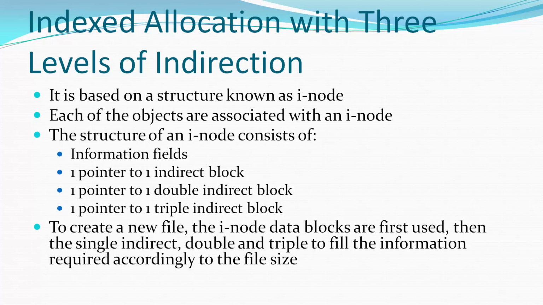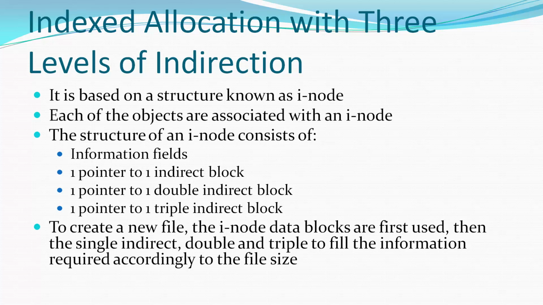So moving on to indexed allocation with 3 levels of indirection, which is the second main technique. This technique is based on a structure known as inode. Each of the objects is associated with an inode, and the structure of an inode generally consists of the information fields, one pointer to one indirect block, one pointer to one double indirect block, one pointer to one triple indirect block.